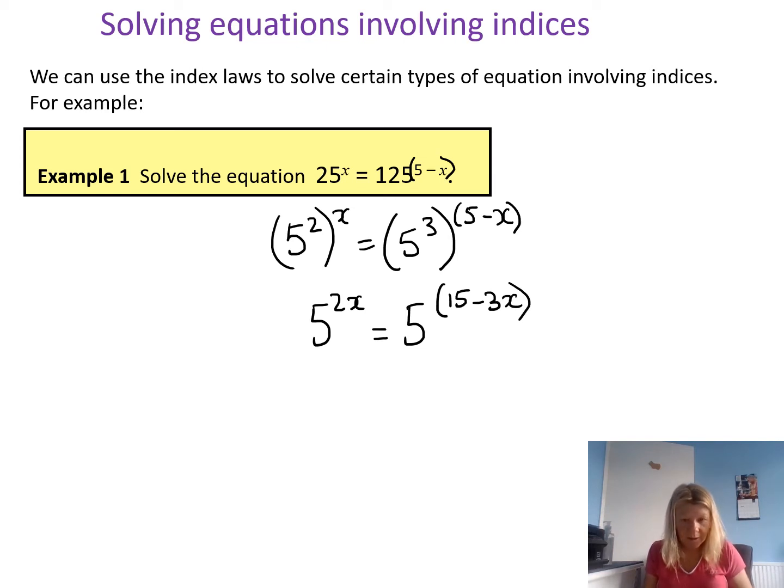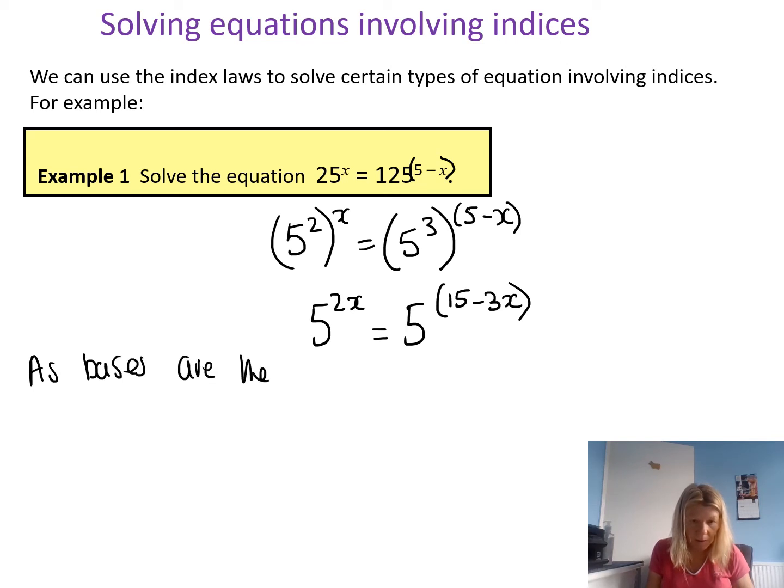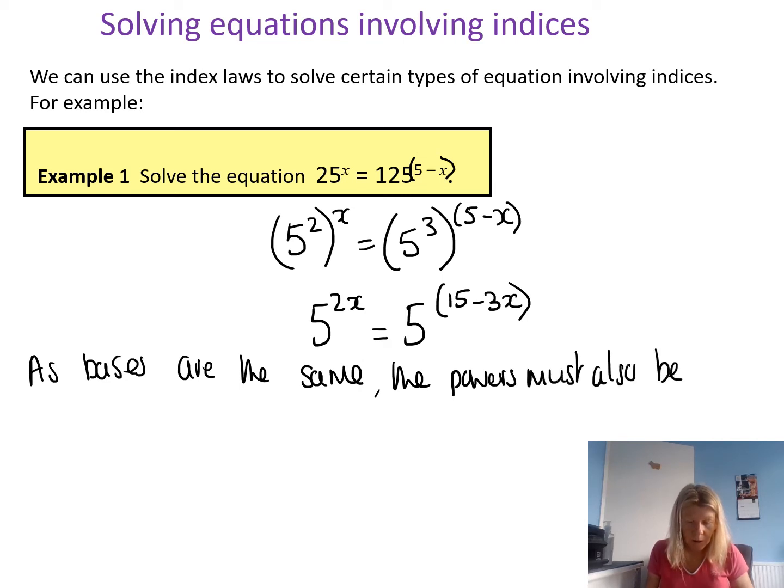Right, now because the bases are the same, these things are equal, that must mean our powers, or indices, are equal. I'll just write that down. So we just know that 2x will equal 15 take 3x.